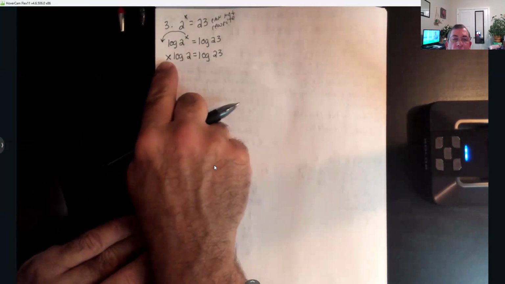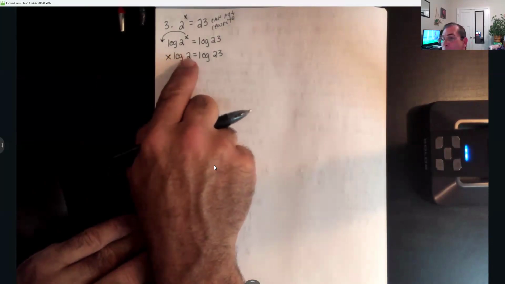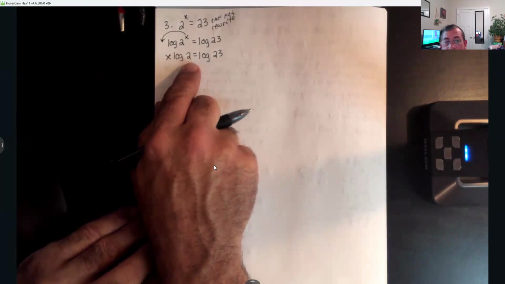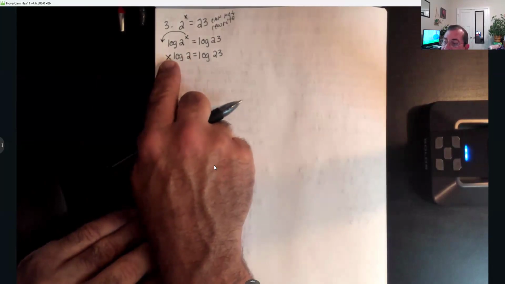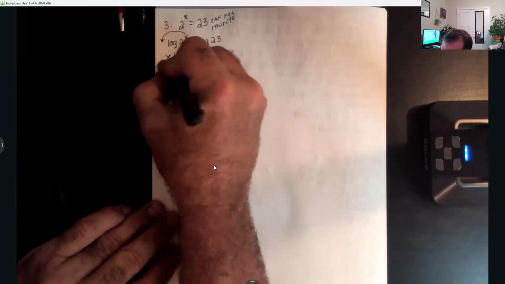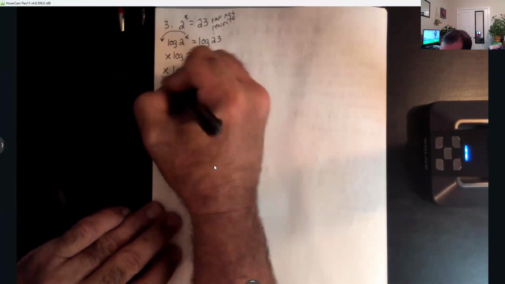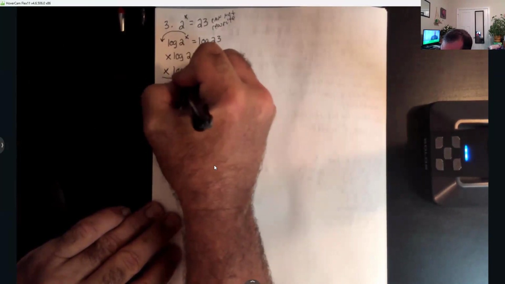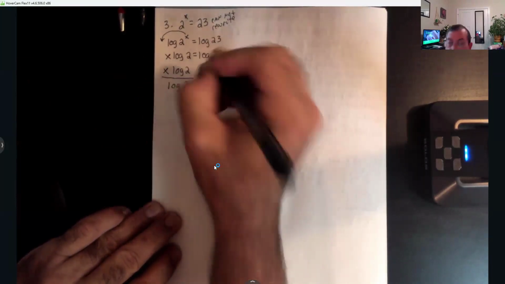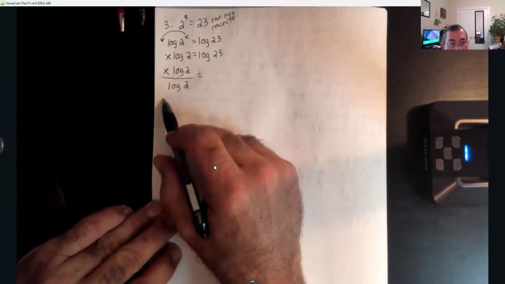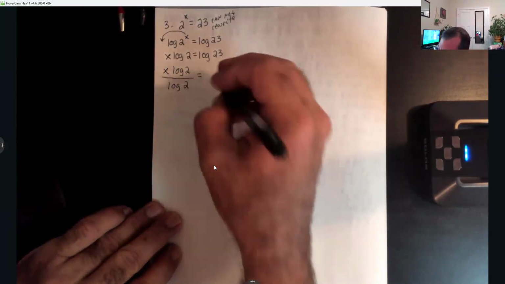So y'all see what's about to happen? Here's my x I'm solving for. It's being multiplied by log 2. So if I want to get this x to be by itself with a 1 in front of it, we need to divide both sides by our log 2. Okay, because those log 2's are going to cancel out, leaving the x.